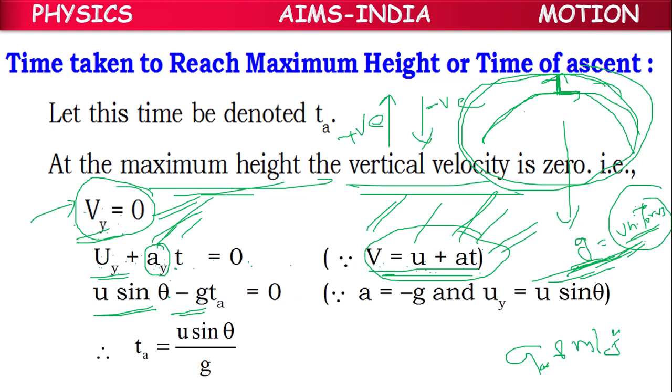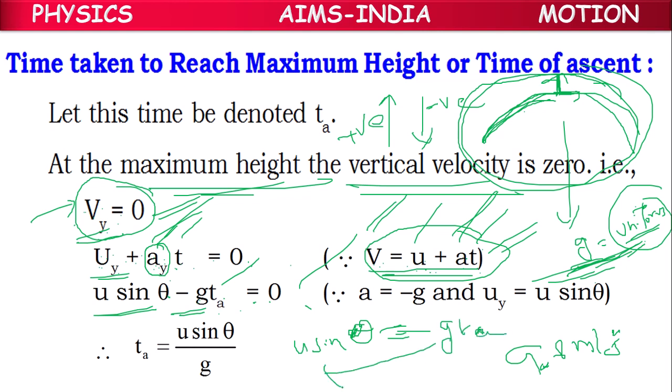In place of t, we can take time of ascent, because for going to maximum height, the time taken by it is called time of ascent, and v equals 0. Or this g t_a will come to this side. We can write it as u sin theta equal to g t_a.